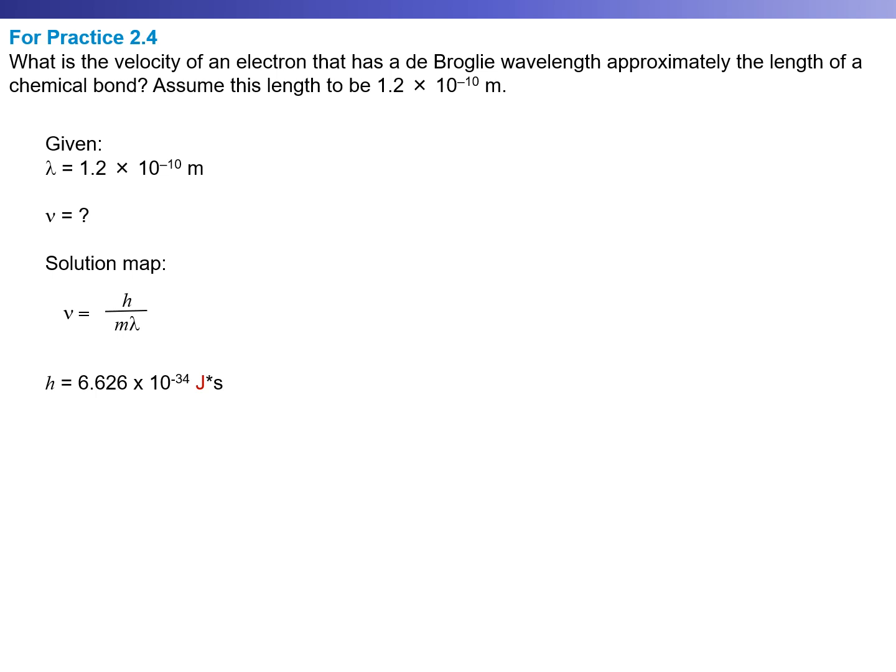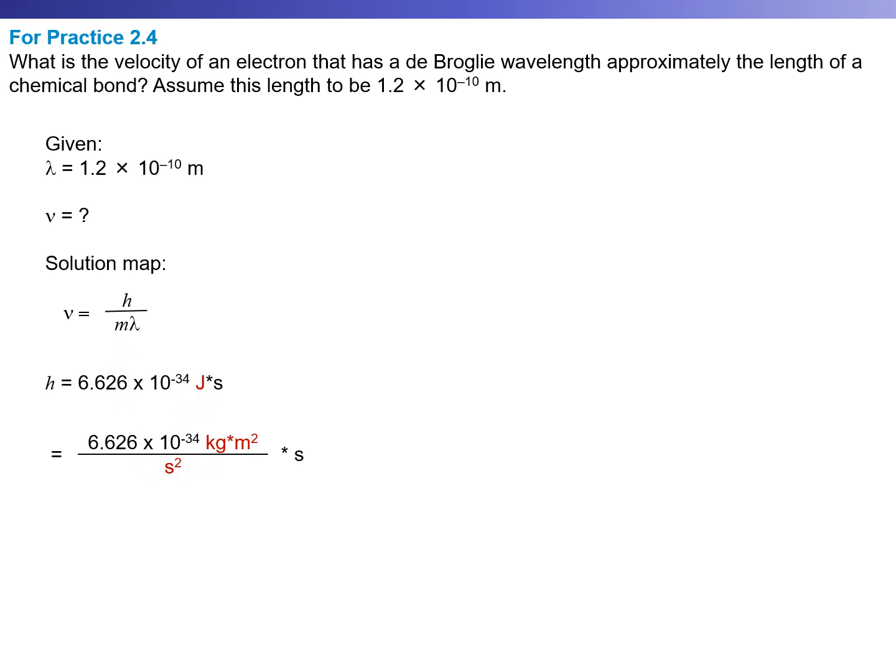So we can rewrite Planck's constant using a different set of values for joules, and it would be 6.626 times 10 to the negative 34 kilogram meters squared over seconds squared, and then we have to hang on to this times seconds, which came from here. This is how we're going to rewrite Planck's constant using these values instead of the joules, because we're going to have to cancel some stuff out.